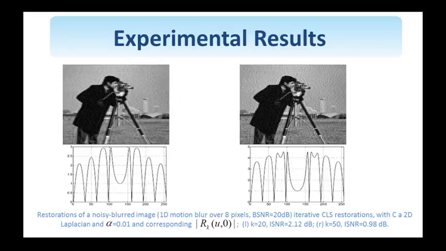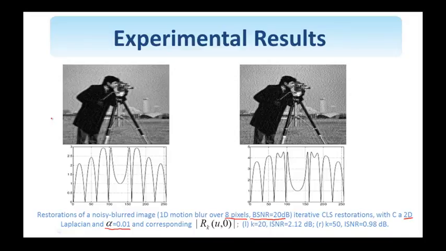We show here results obtained by the iterative constrained least squares filter. The degraded image is the same one we've been using throughout this presentation, due to 1D motion blur over 8 pixels with BSNR equal to 20 dB. For the CLS filter, a 2D Laplacian is used, and here is the value of the regularization parameter.